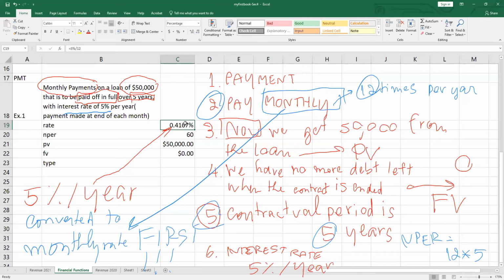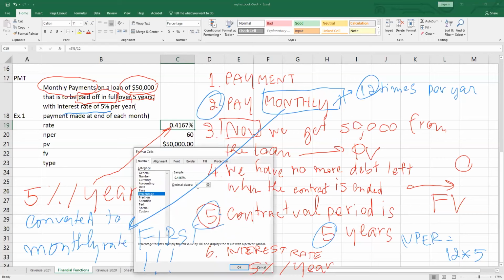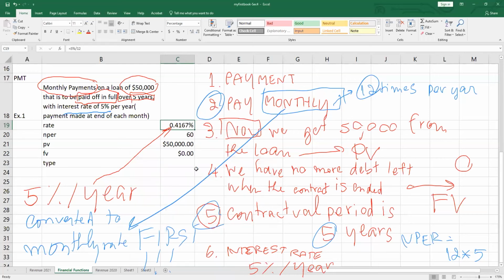Or you can right click and choose Format Cells and then add the decimal places as well. This is the way that we can do it. Okay, this is the interest rate per month. I type in another cell that it is per month so that I will not forget.